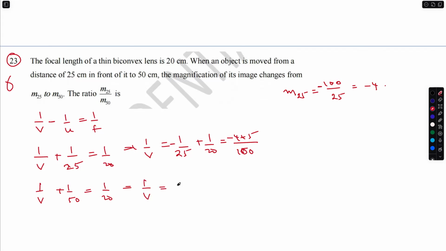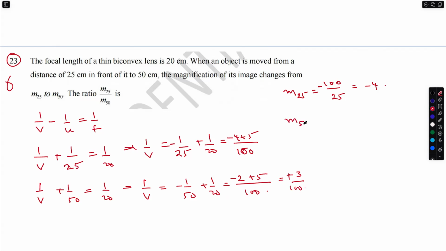So 1 by V is minus 1 by 50 plus 1 by 20. This is 100 minus 2 plus 5, minus 1 by 50 plus 1 by 20, 100 minus 2 plus 3 by 100.